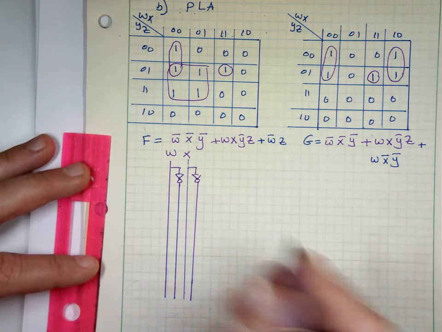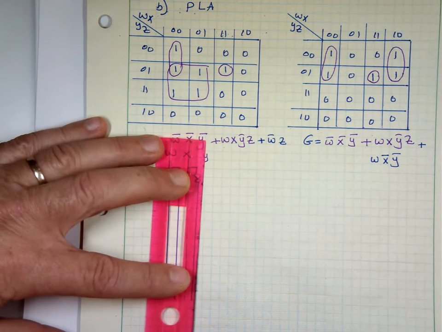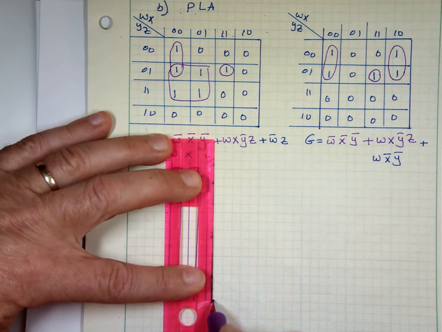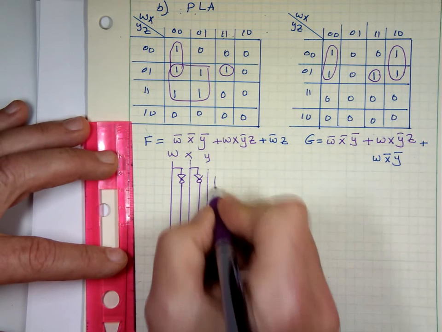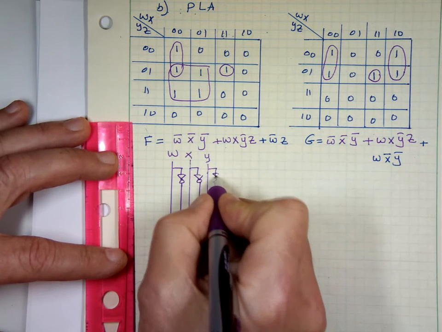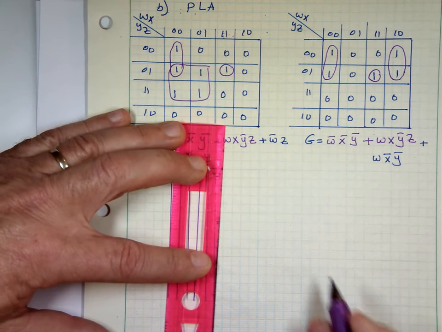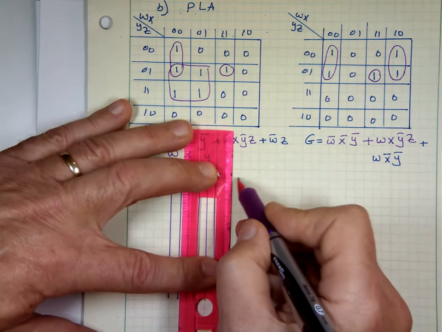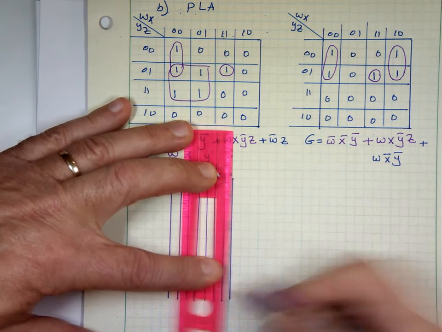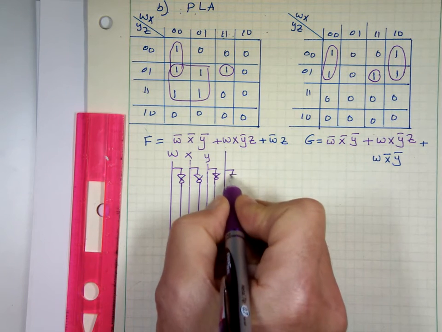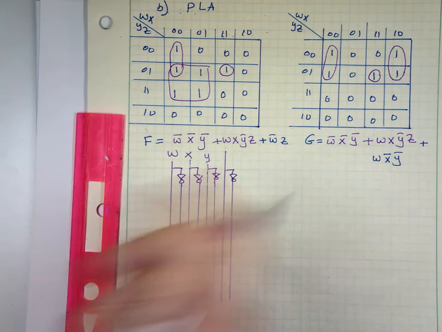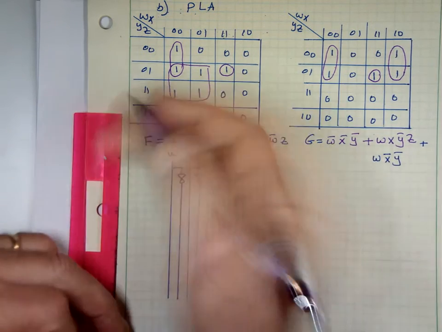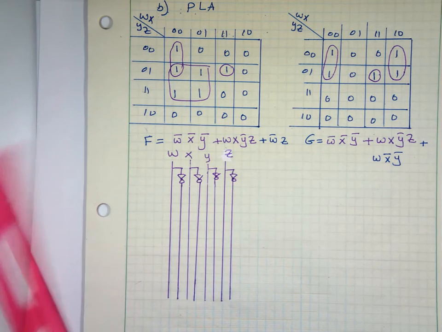Next one is Y. And the last one is Z. So the first one, we're going to have 4 lines coming out of it.